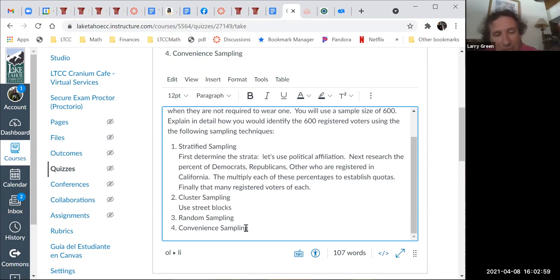Okay, so pretty much most people live on some block, right? So use street blocks as clusters. And if you don't like street blocks, you could use acres, for example, and then those would be clusters. Does that make sense?